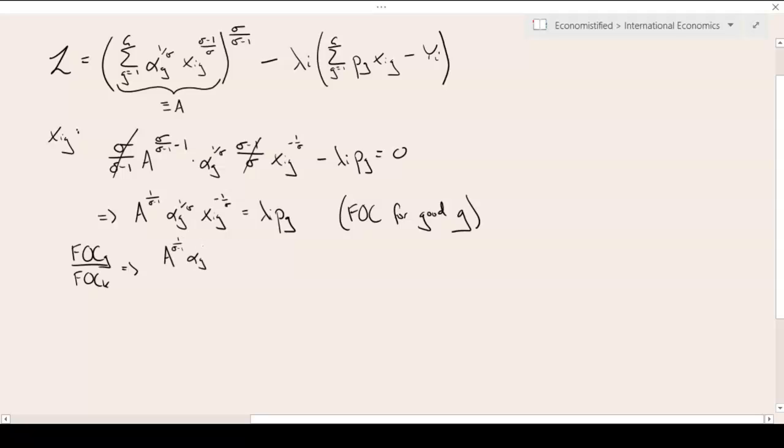So let me just rewrite this again. Equals lambda i pg. And now we're dividing this on both sides, on the left-hand side by the marginal utility of good K. So I made a mistake there. This should obviously say alpha K.